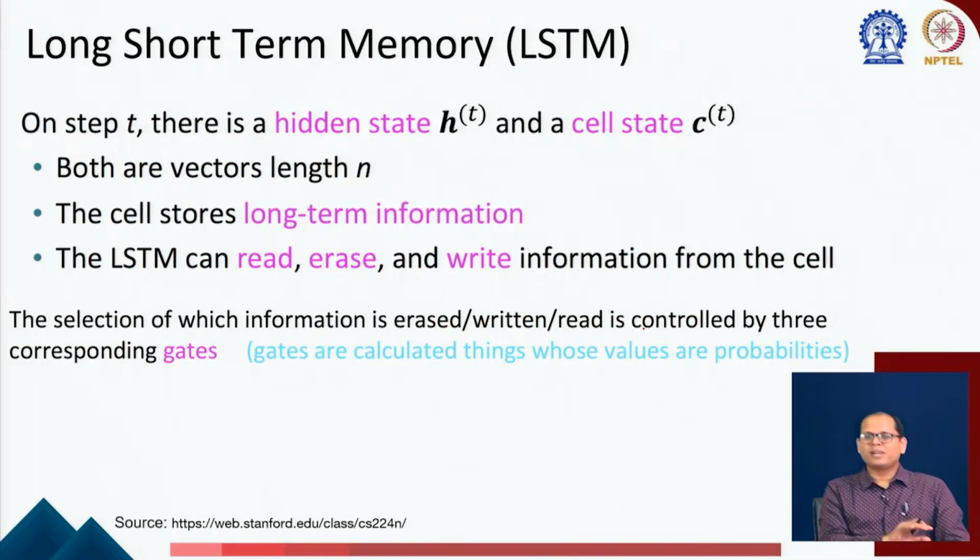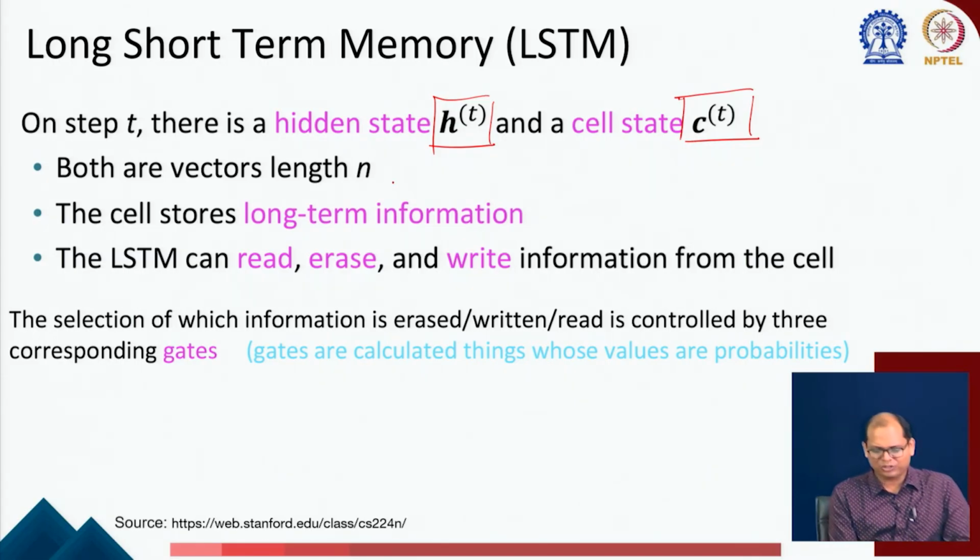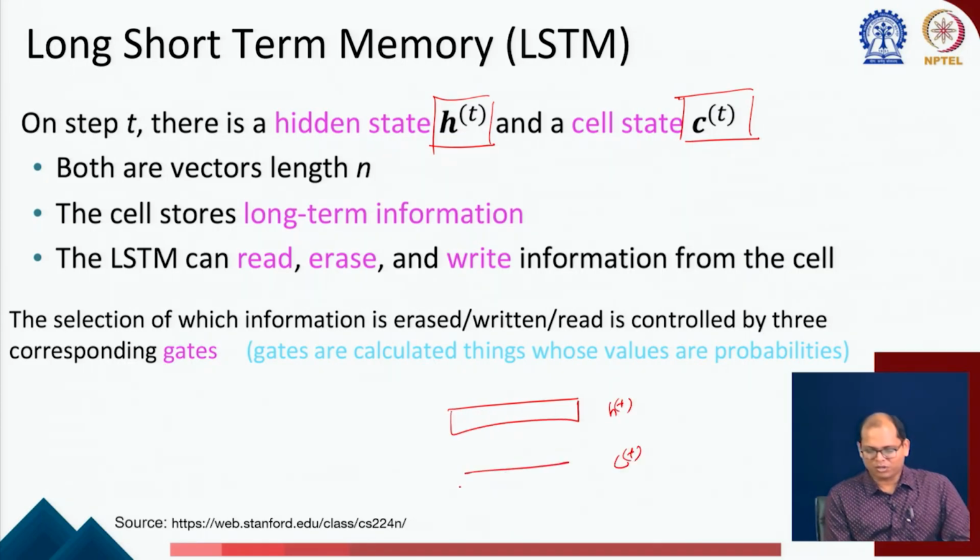But what actually happens in an LSTM? On any step t, you have a hidden state h_t, plus they introduce something for memory called the cell state, c_t, and they are both vectors of length n. Assuming your hidden vector is of dimension n, you also have a cell state memory of dimension n, and this cell is used to store long-term information.